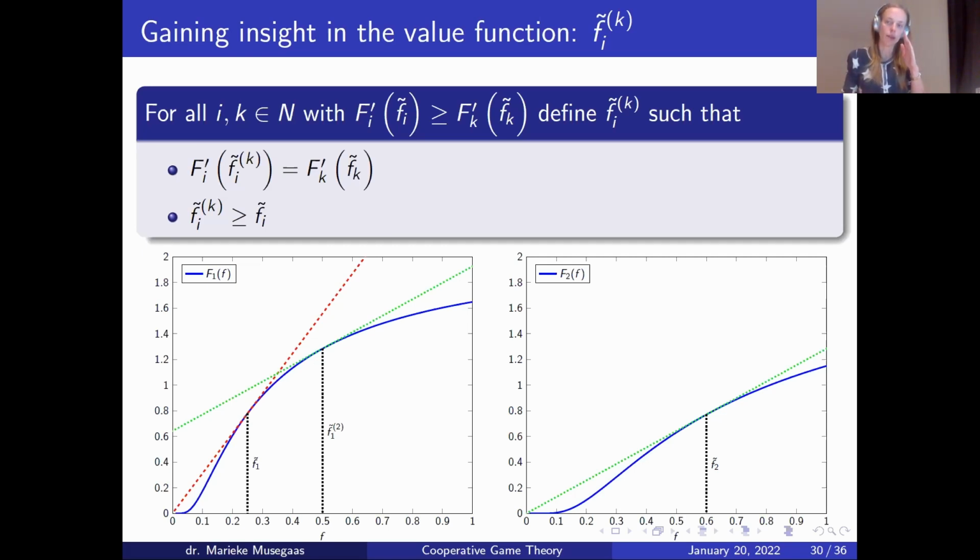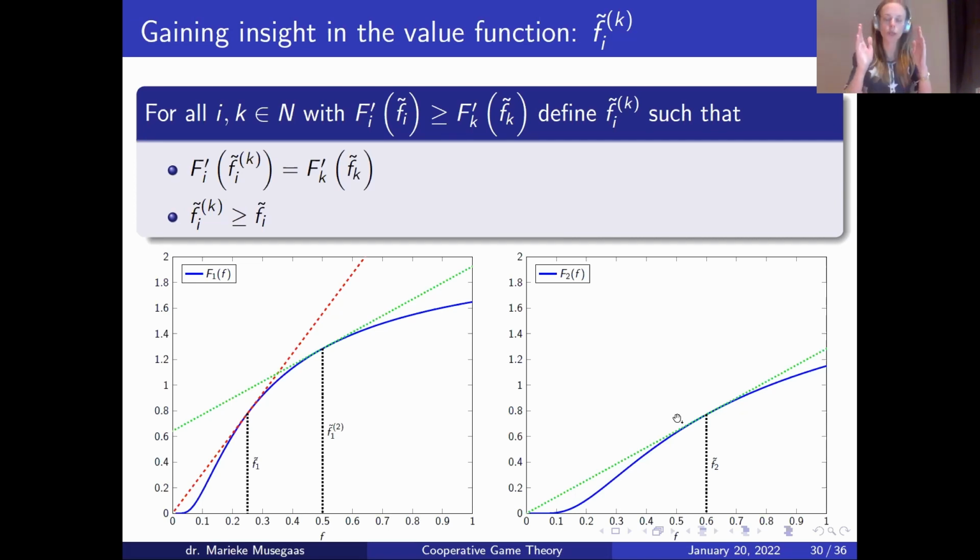Now we're going to continue over this line from the Netherlands, and we stop at the moment that the slope of this function is exactly the same as the slope at the dose optimal vaccination fraction of Germany. That is our second definition in this graph. I hope that it's clear to you.